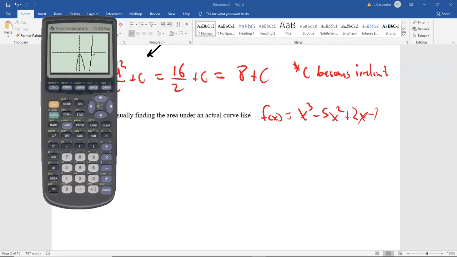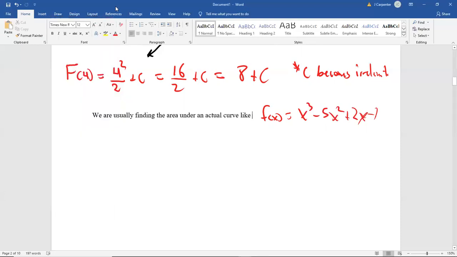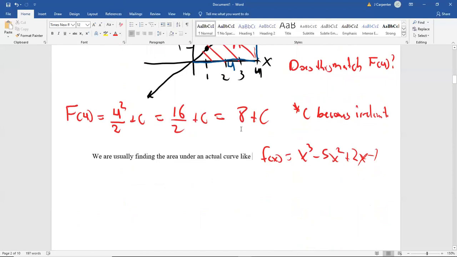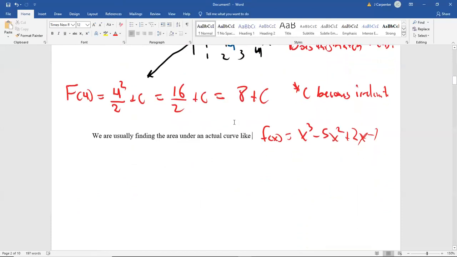So you'd be finding the area under or above. It could be above too if it's below the x-axis. So you're trying to find this shaded region, like 0 to 1, 2, 3, 4, kind of stopping here. Sorry, I'm pointing at the wrong thing. What formula gives you the area here? I have no idea. You'd have to integrate it. That's why we don't want to just graph it and then try and use basic geometry, because 99.99% of the time, you can't do that.